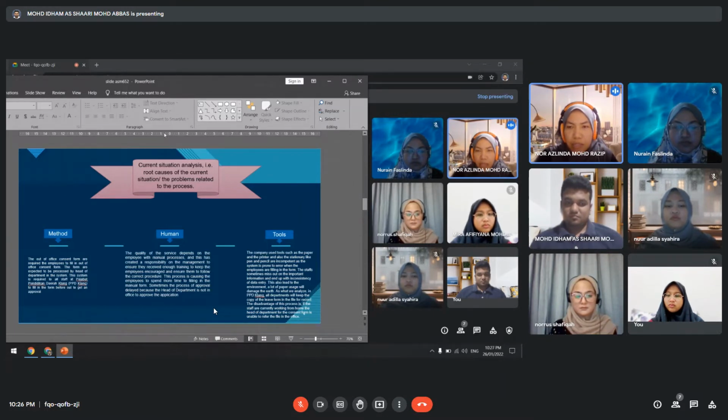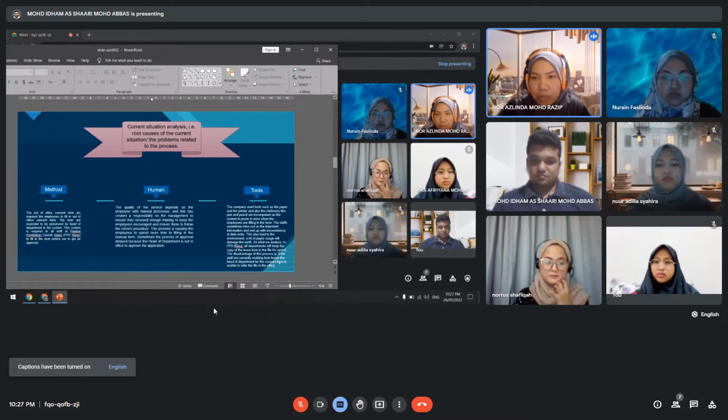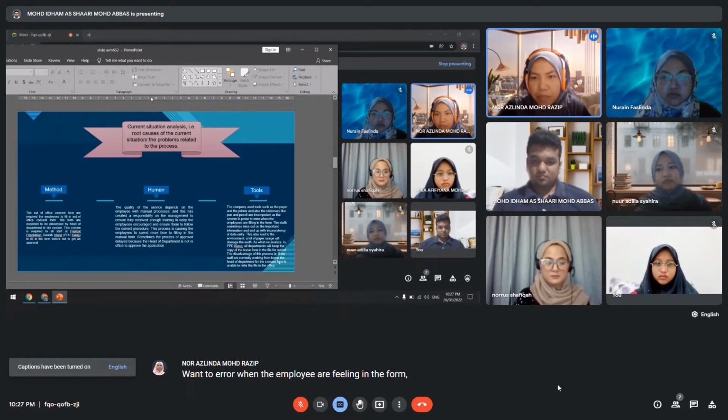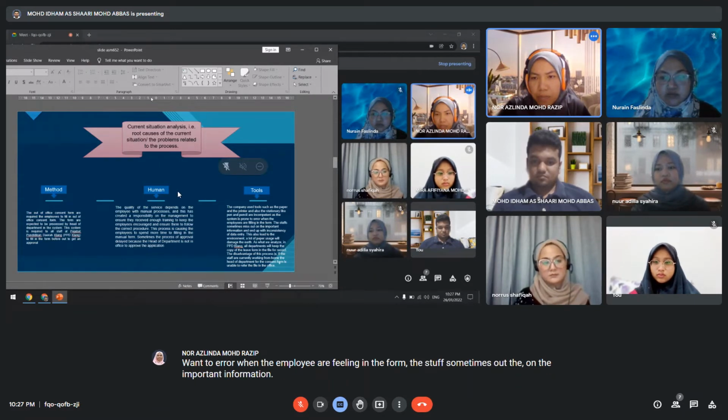And the third one is tools, whereby the company uses tools such as paper, printers, and stationery like pen and pencil, which are inadequate as the process is prone to error when the employee is filling in the form. The staff sometimes miss important information and end up with inconsistent data entry. This also leads to the environment issue.